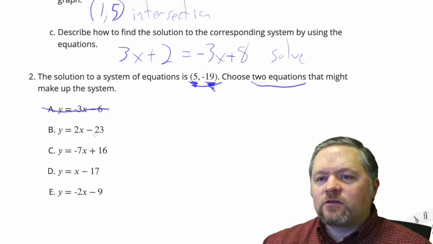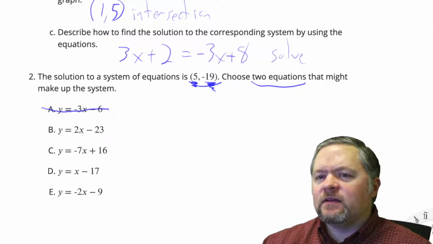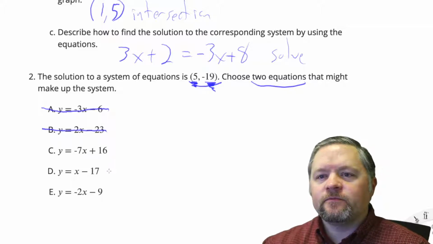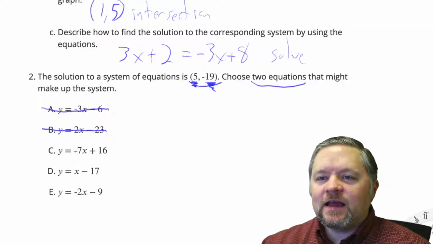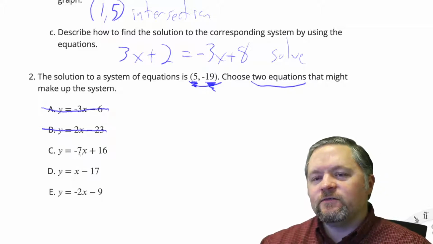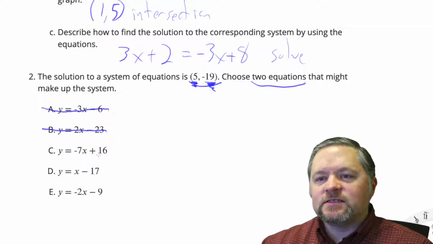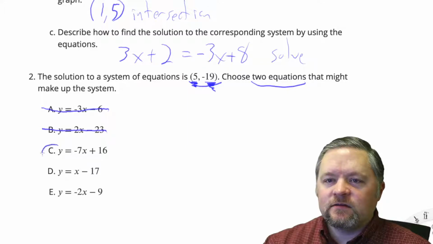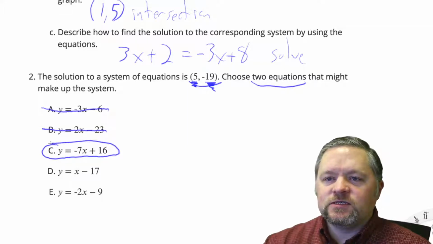Subtract 23 would be negative 13, so that can't work. Negative 7x plus 16. Negative 7 times 5 is negative 35, plus 16. Well, that is negative 19. So C can work.